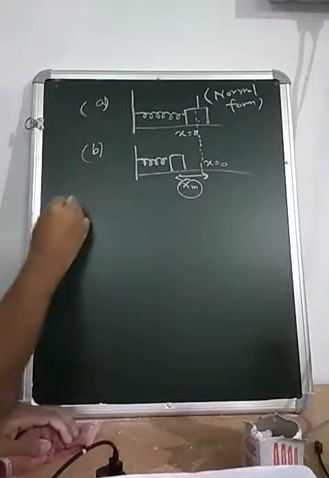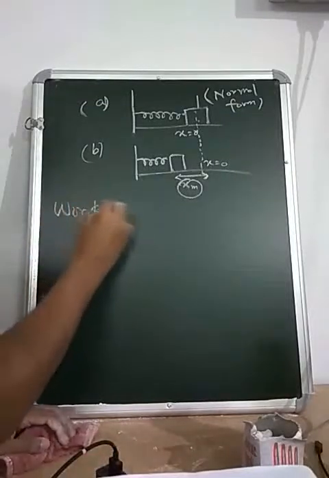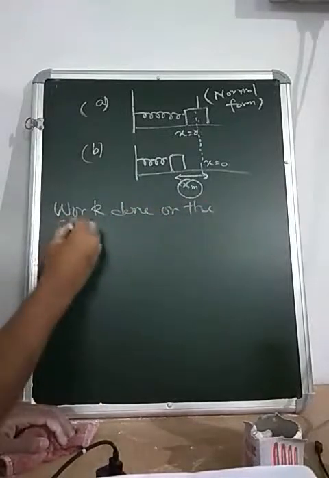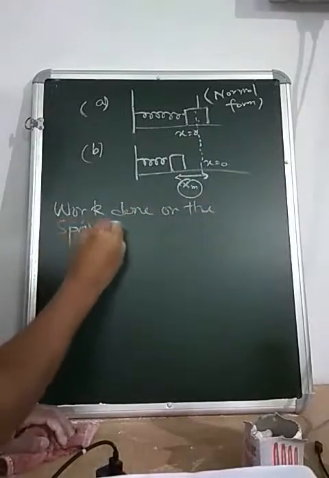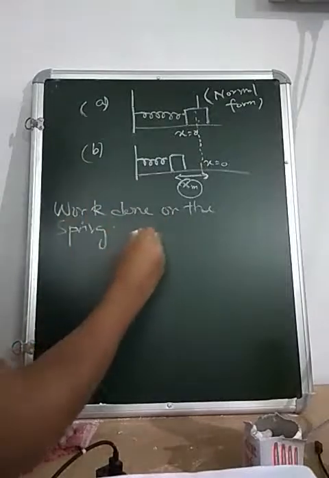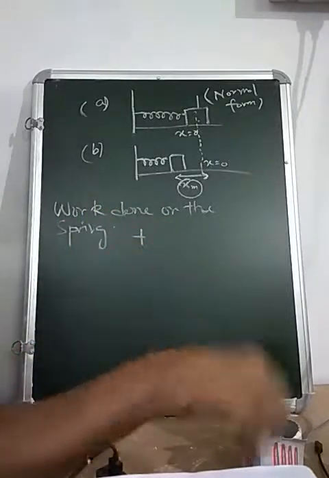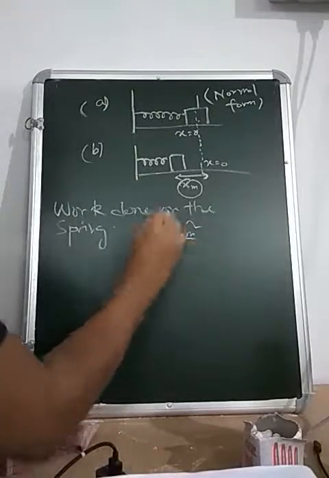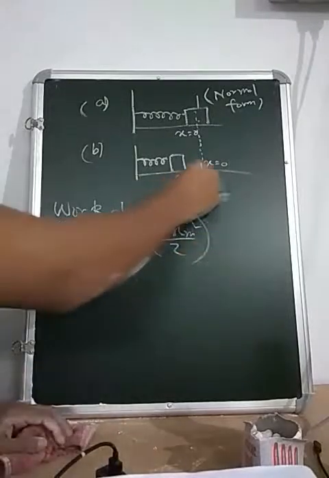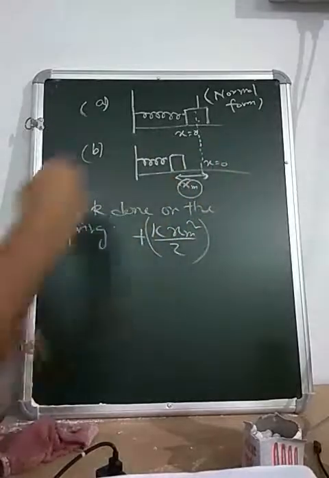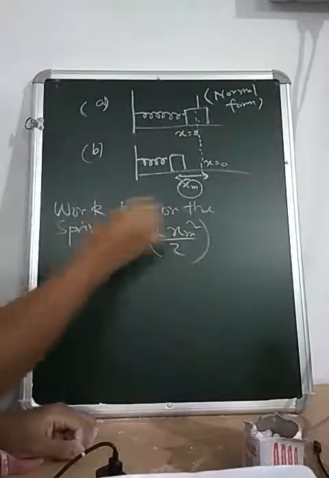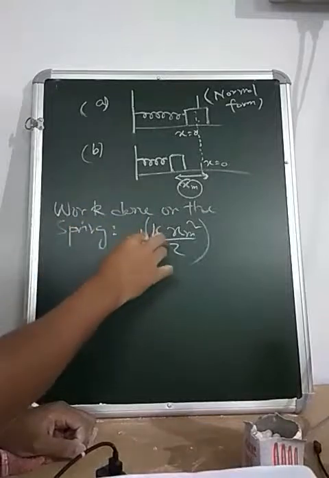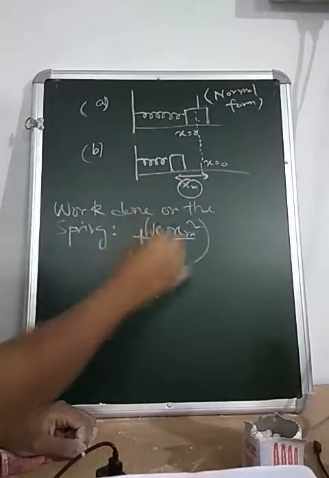And similarly in this case also, work done by external force on the spring, work done on the spring due to this compression, it is plus k into xm square by 2. In this case also, due to compression, work done by the spring was negative, and work done on the spring for this compression is positive.